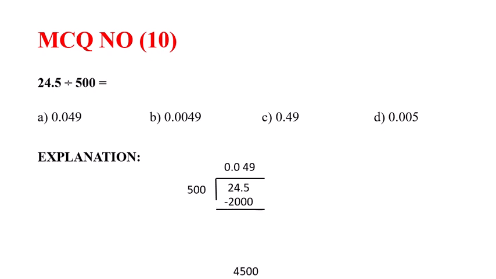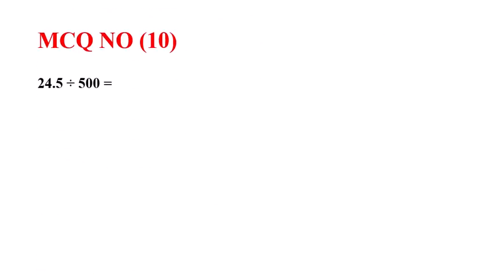So minus these values, we get 400 and 4500. After this we multiply with 9, we get 4500. Minus these values we get 00. So the final answer of question number 10 is option A is correct, that is equal to 0.049.